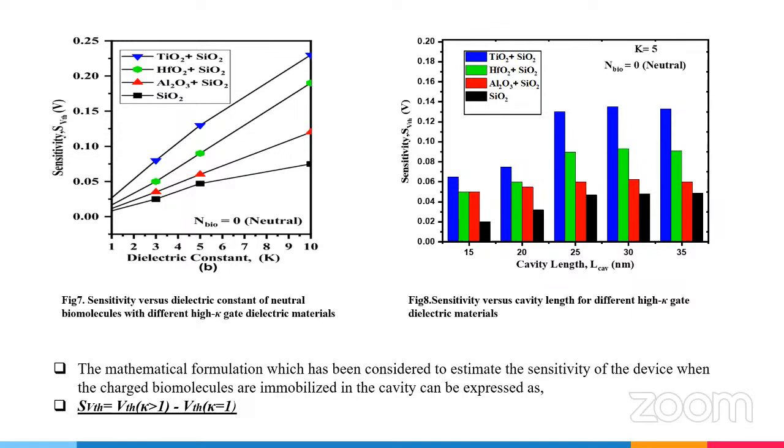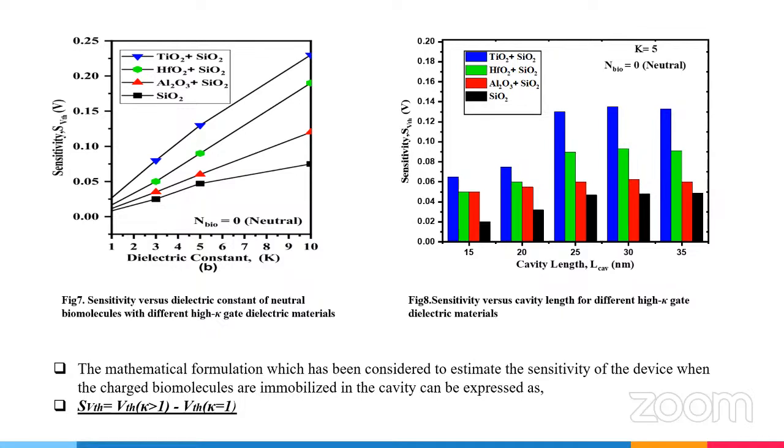K equal to 5 is the dielectric constant of protein. K equal to 3 is the dielectric constant of biotin. So we have extracted different values of dielectric constant of different biomolecules, applied them, and calculated the sensitivity.